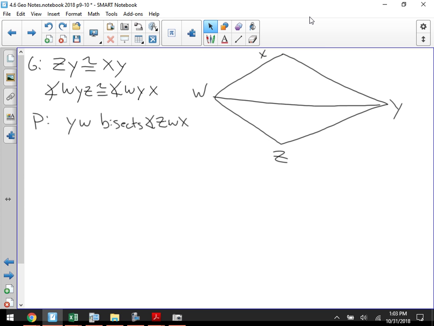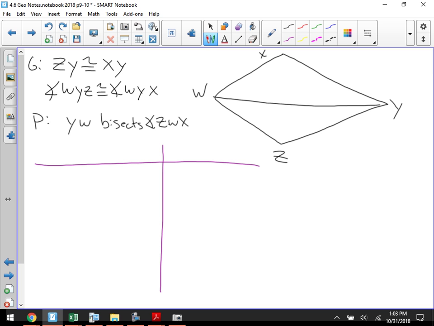Remember, ladies and gentlemen, as you're going through these styles of problems, a lot of times, all you can do is literally mark the diagram, because there's nothing else left to do. So as I go through this, CY congruent XY.